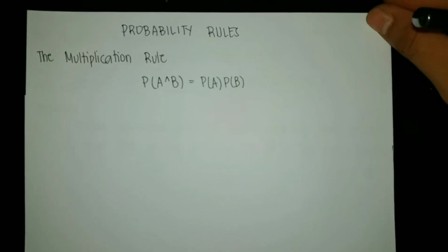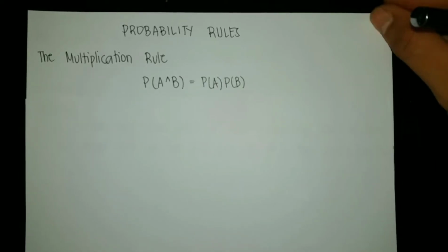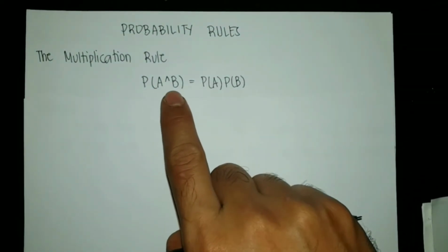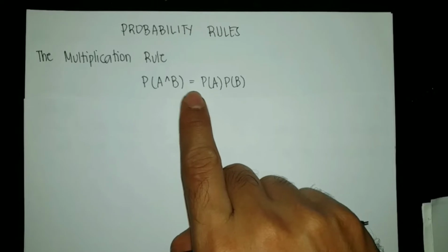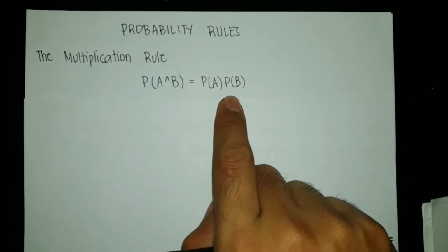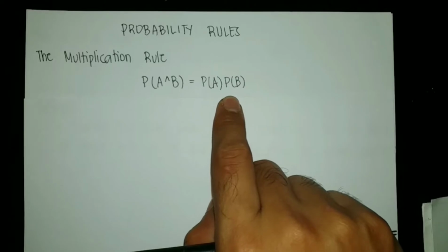Symbolically, we can denote the multiplication rule by the probability of events A and B is equal to the probability of event A times the probability of event B.